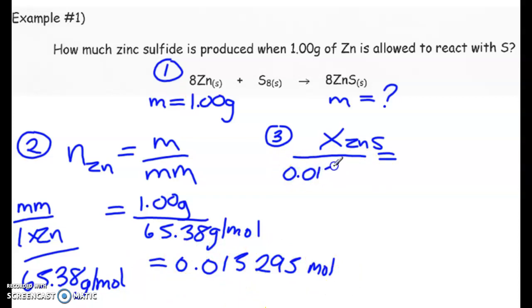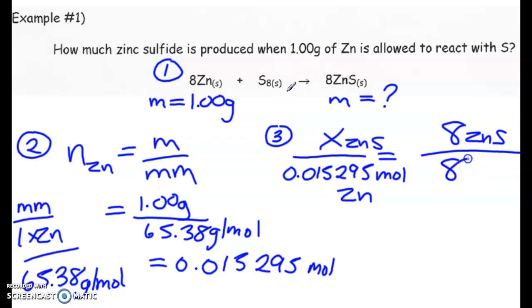So 0.015295 moles, and that is zinc. This is now where we use our coefficients. So zinc sulfide is 8, and zinc is also 8. So when we solve for this, it's going to be 0.015295 times 8 divided by 8, which essentially is going to be the exact same thing.